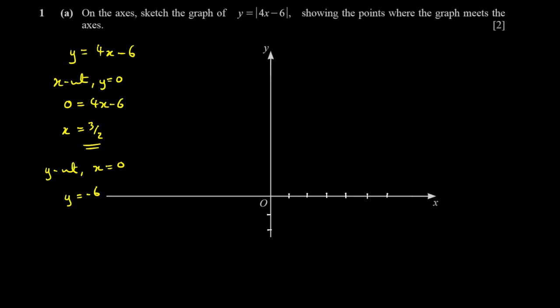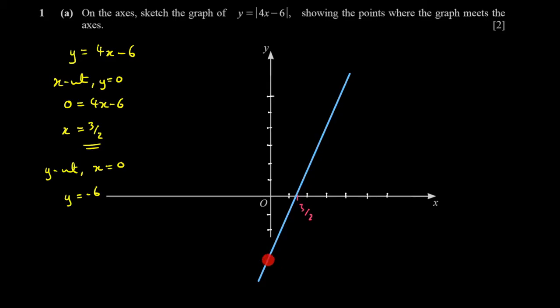It would go down to negative 6 basically. We would have an x-intercept here at 1.5, 3 upon 2. And if we were to draw our line, it would basically be a straight line that would cut through the y-axis at negative 6, right?